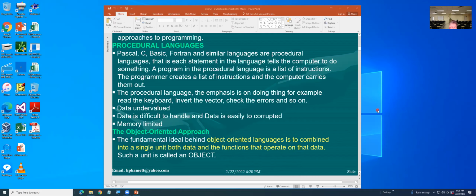I've given you a very simple example. If you go to an ATM, okay, it will display: you want to deposit, you want to withdraw, or you want to transfer. That is a function. And what is the data?